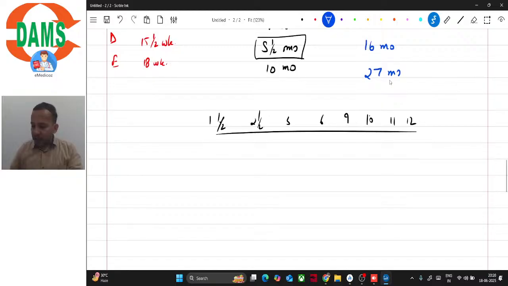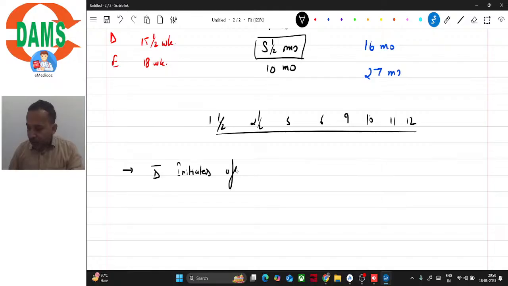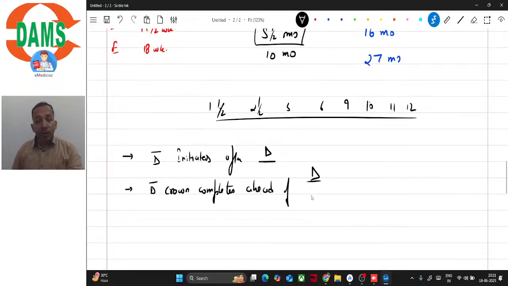So what did we notice here? We noticed that lower D initiates after upper D, but lower D crown completes ahead of upper D, isn't it? Also, what did we notice?